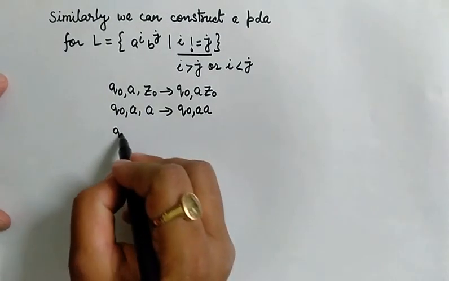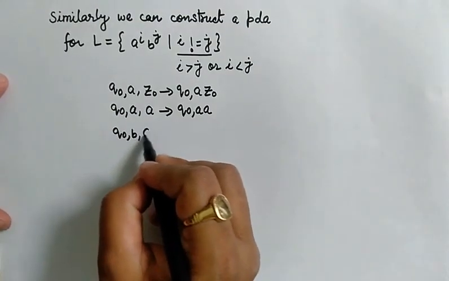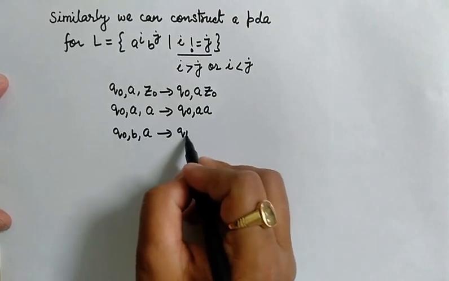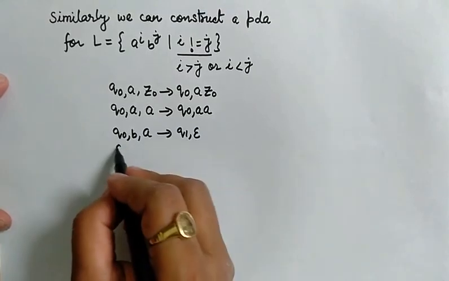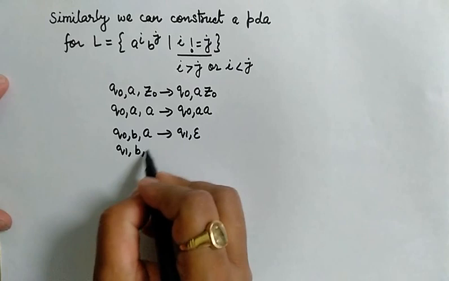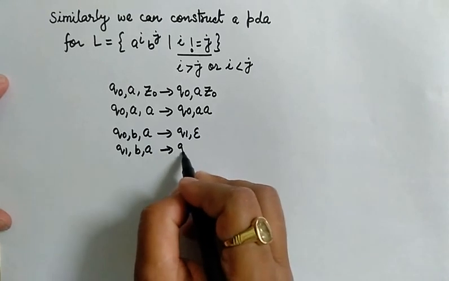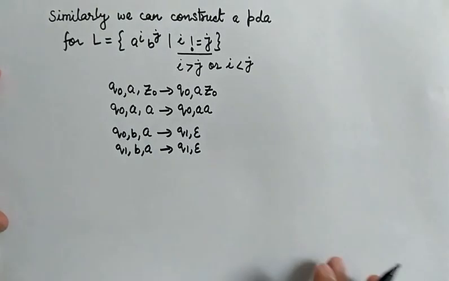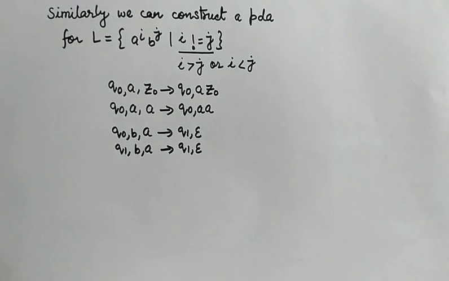Then when B comes, we will pop the symbol A which is at the top. Now here there may be two cases.